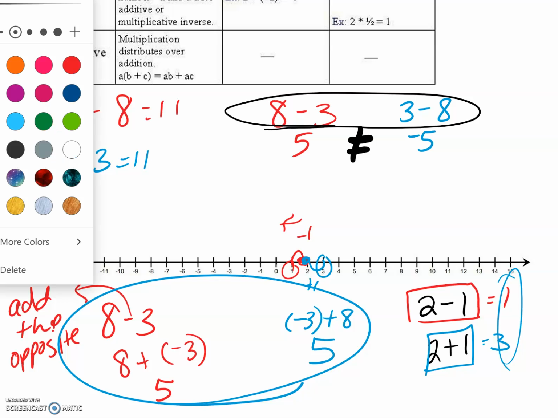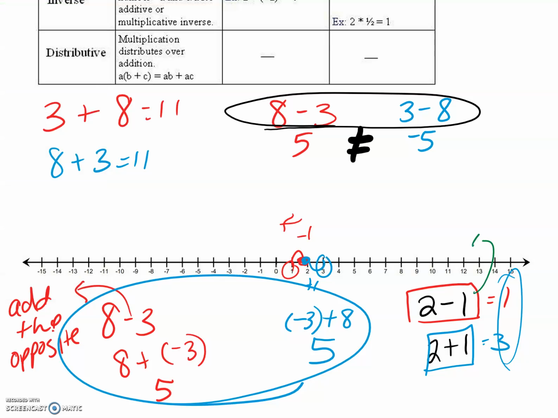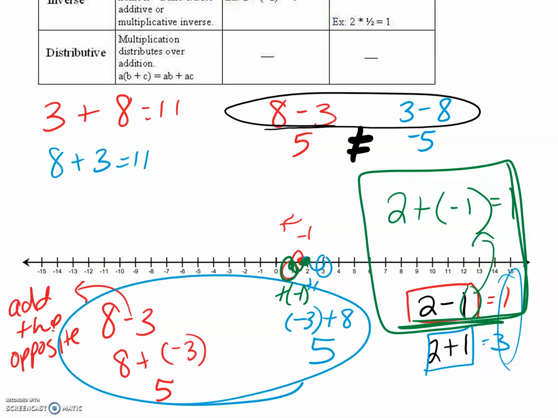So that first problem from the worksheet, to rewrite it properly, should have been 2 plus negative 1, because remember, it's that negative sign plus the opposite of that number. Let's do that on the number line. We start at positive 2. We add a negative 1, which means we go to the left, and we're still at 1. So notice that these two problems are equivalent to each other.